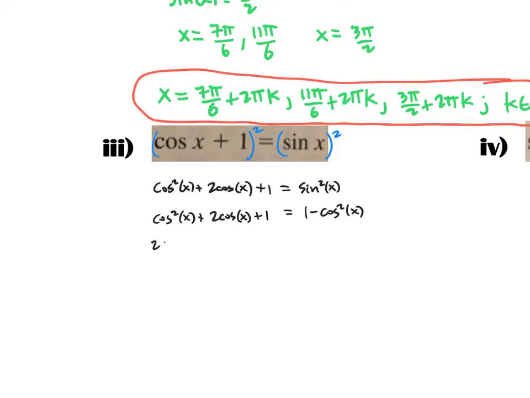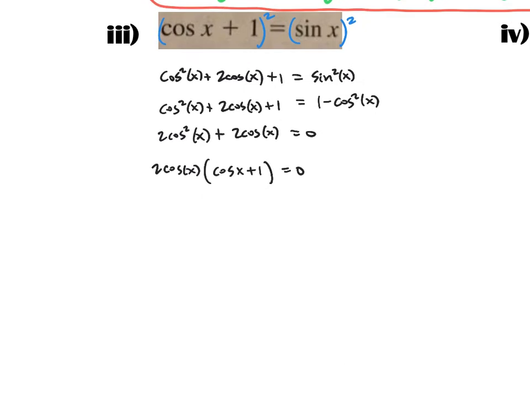That means I'll have 2 cosine squared x plus 2 cosine x, and then the ones will reduce, so that should equal 0. Now I can factor this, pulling out a 2 and a cosine x. That leaves me with cosine x plus 1. And now I can use the zero product property.